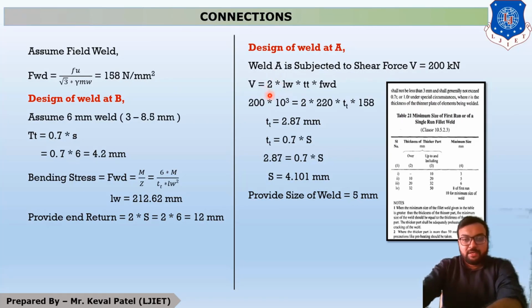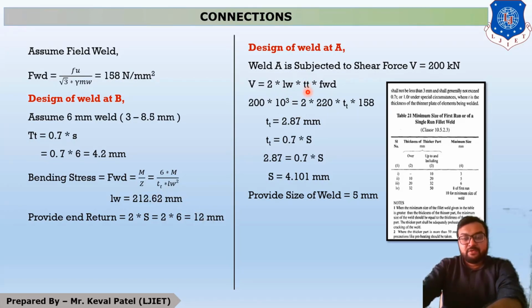Now V is 200 into 10 raised to 3. 2 is constant. 220 is our length of weld, which is the summation of these two, and it is rounded to 220.